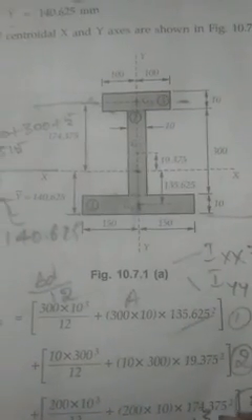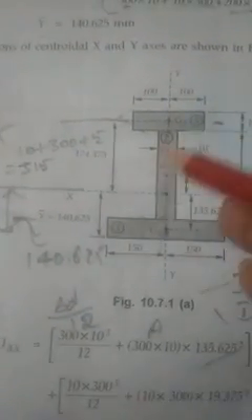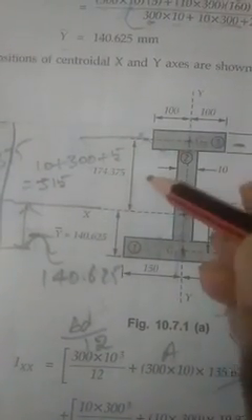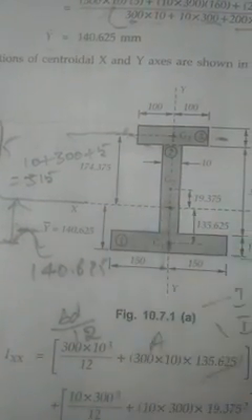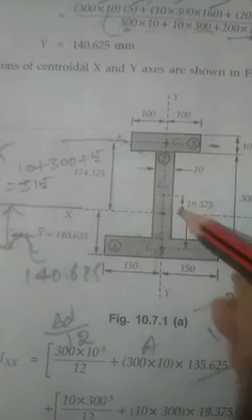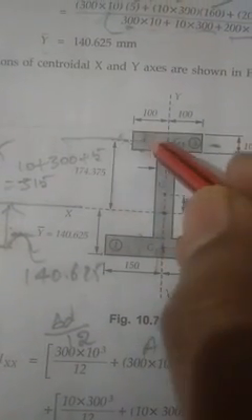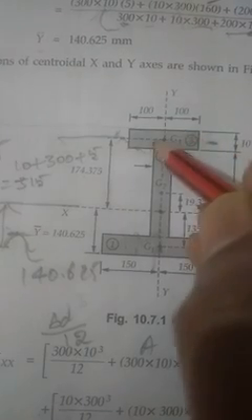So that's why for d square you have to write the total depth as 315. But the centroidal axis is 140.625. If you see, this is the centroid, 140.625. So always you have to take the centroid. Consider the third section's centroid is here.